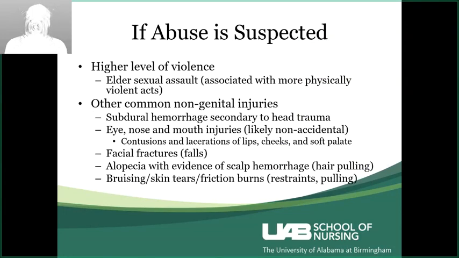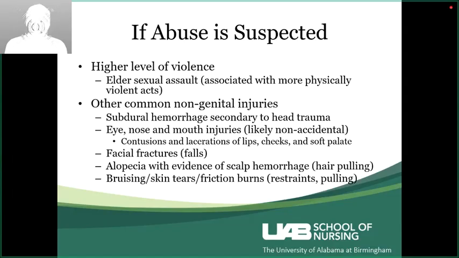So if a nurse suspects abuse, it's important to consider that elder assault is associated with more violent acts. So what we may see are subdural hemorrhages, eye, nose, and mouth injuries, particularly that are likely non-accidental, contusions of lips, cheeks, soft palate, face fractures, missing hair, particularly in odd places, not where you'd expect to see balding, bruising, skin tears.